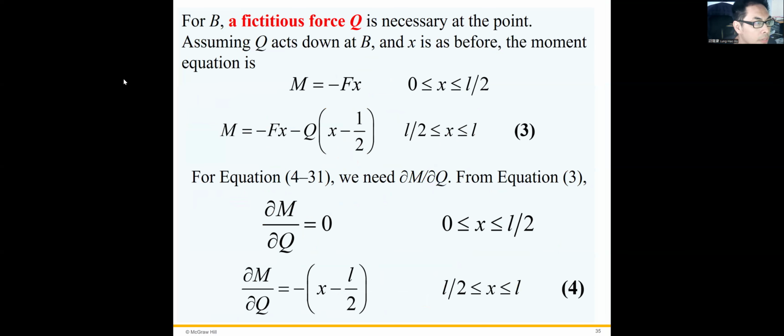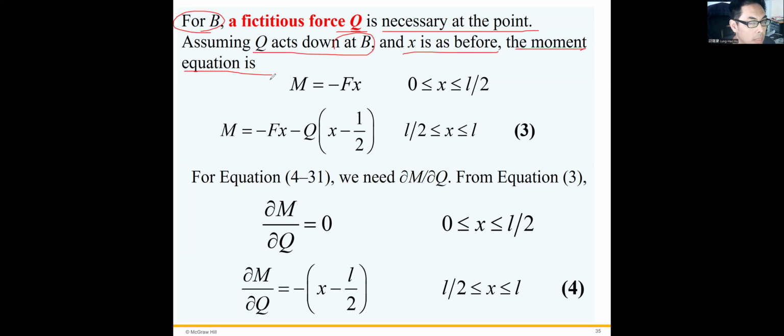Okay, so now let's focus on point B. We also have to figure out what the deflection at point B is. So we can set up a dummy load Q, which is necessary at that point, assuming Q acts down at point B and x is as before. What is the moment equation?